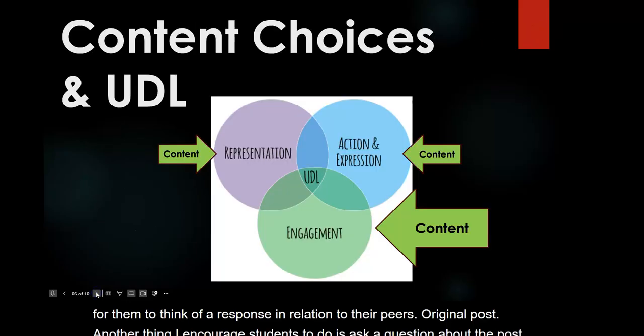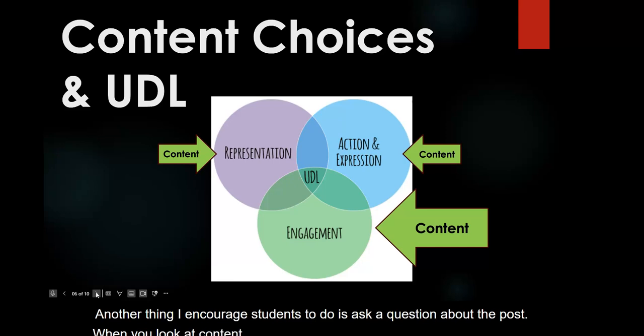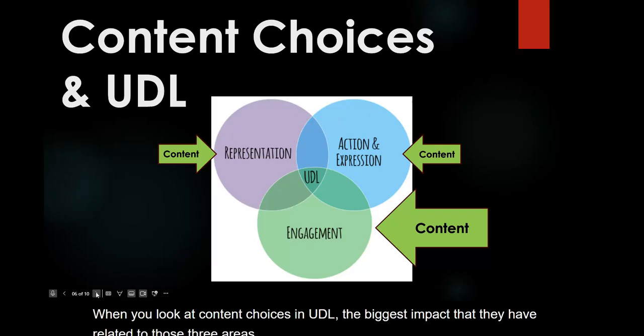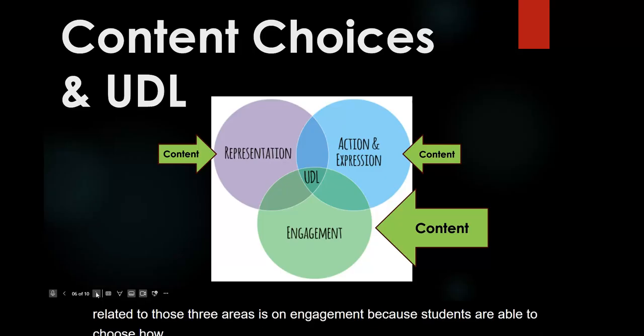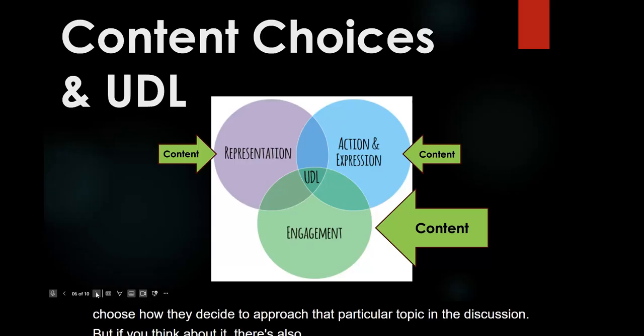When you look at content choices in UDL, the biggest impact that they have related to those three areas is on engagement, because students are able to choose how they decide to approach that particular topic in the discussion. But if you think about it, there's also some opportunities for different types of representation.